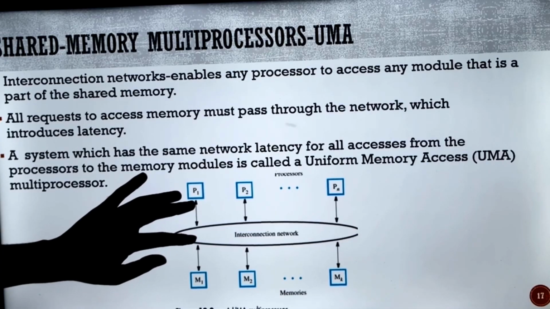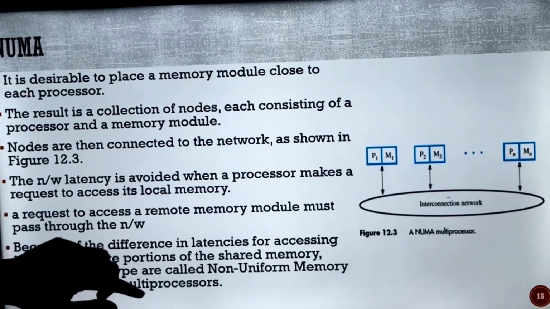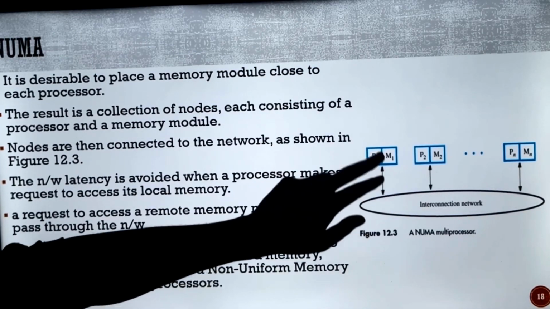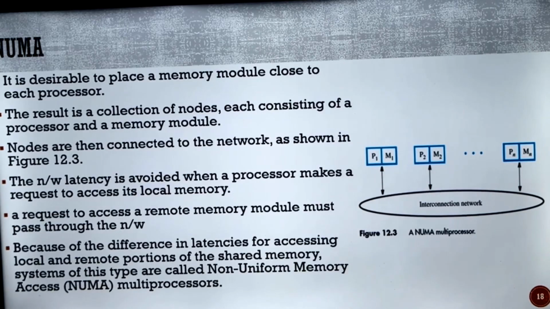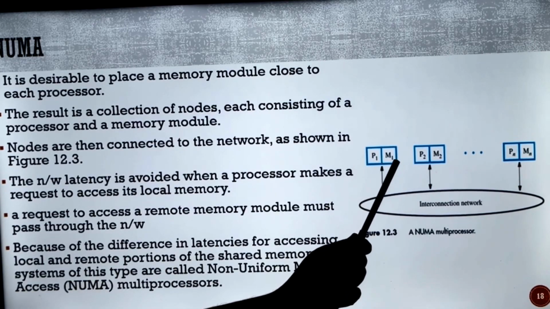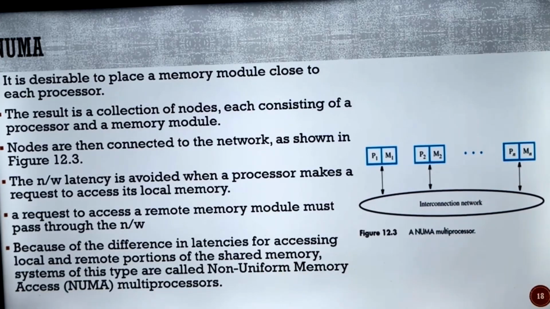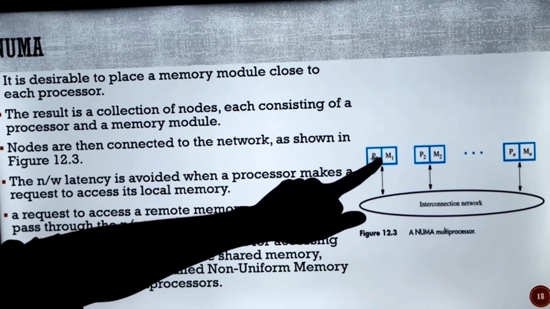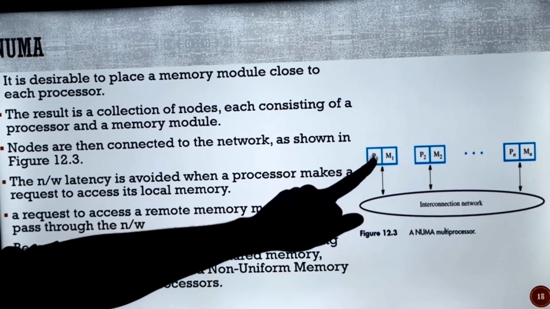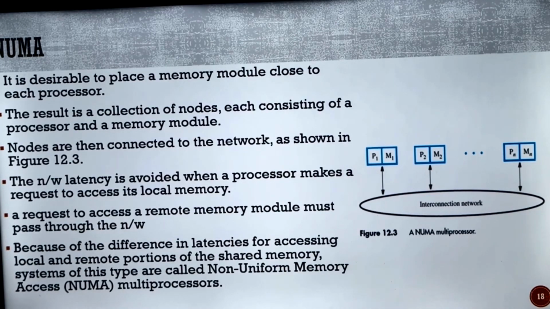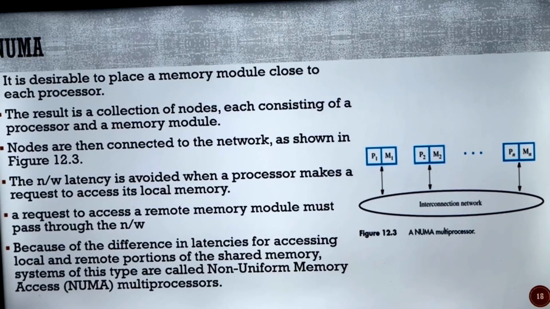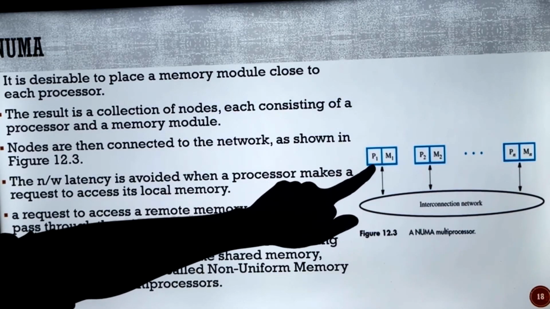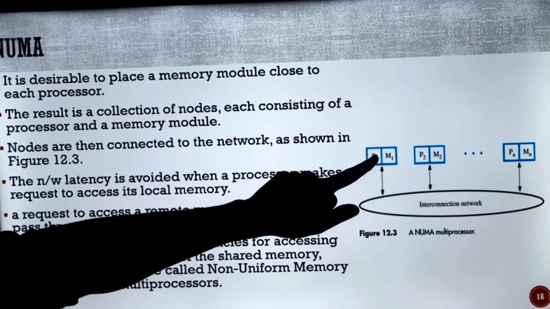So for each processor, I can immediately attach some memory slots: P1 with M1, P2 with M2, Pn with Mn. Now if P1 needs something from M1, it will get it immediately. No need to go through any interconnection network or search for the address. If P1 wants to access M1, it's very fast now.